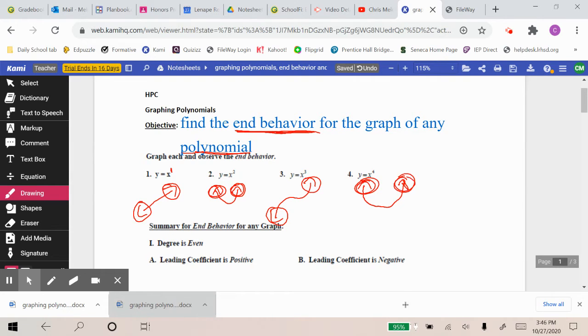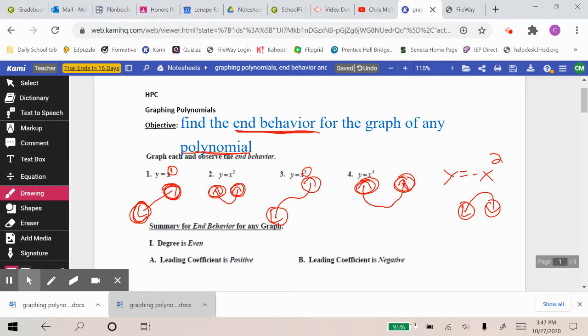If your degree is odd, like it is here for 3 and 1, one side is down and one side is up. Now, if I put a negative in front, like if I did y equals negative x squared, then it would flip and they both would go down. So you could just look at the equation and know what the ends of the graph look like right away without doing any math.